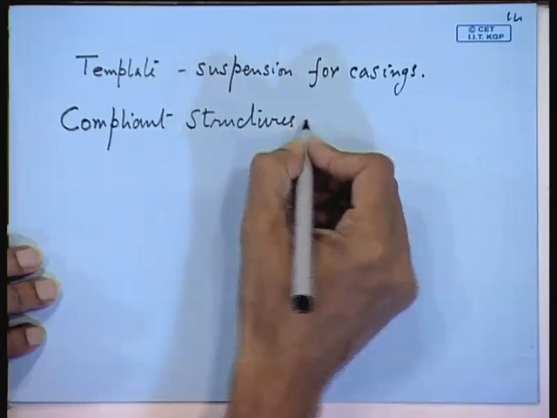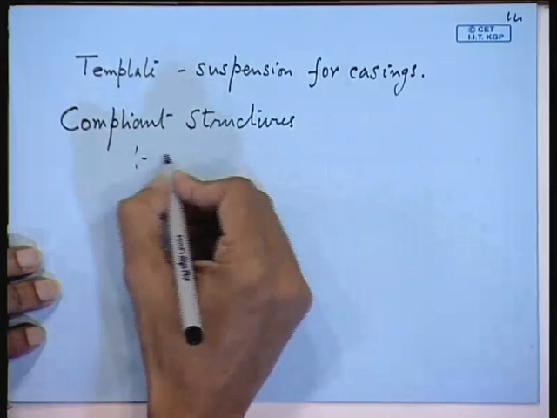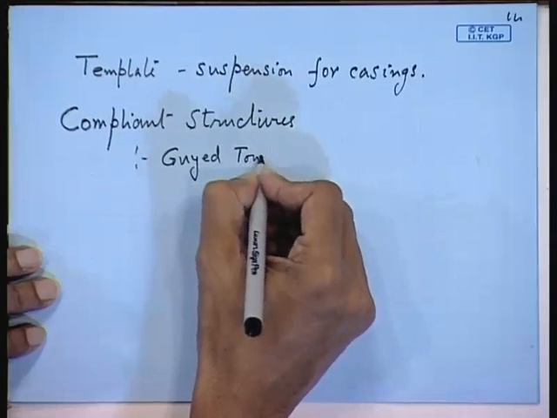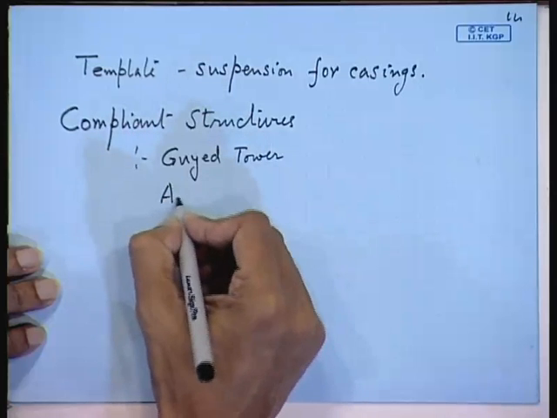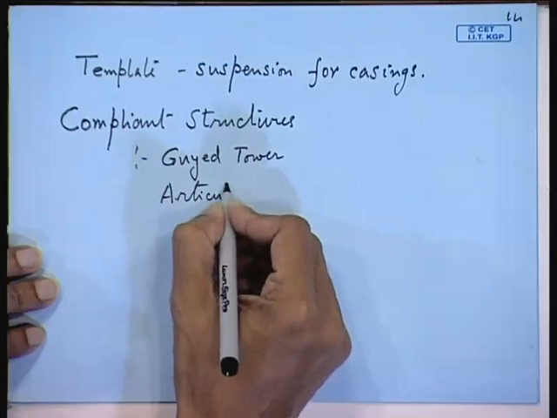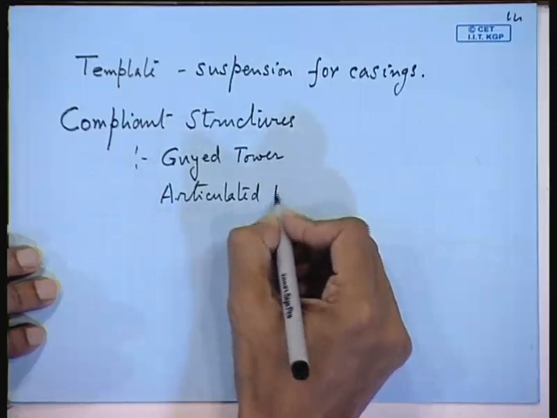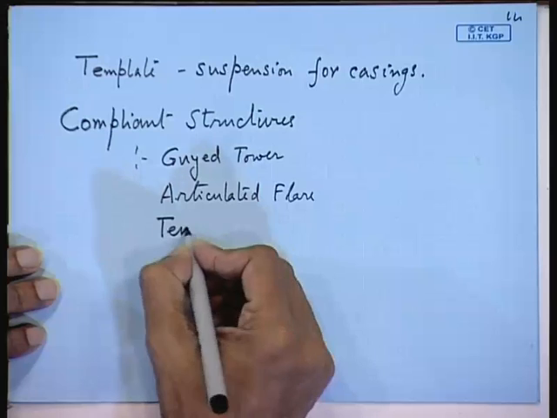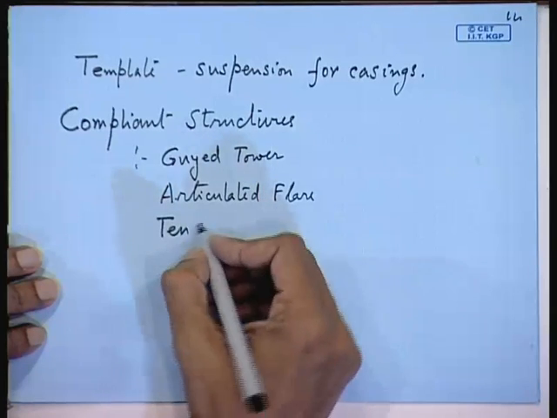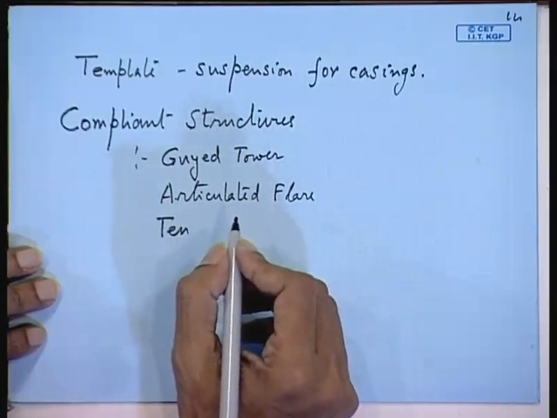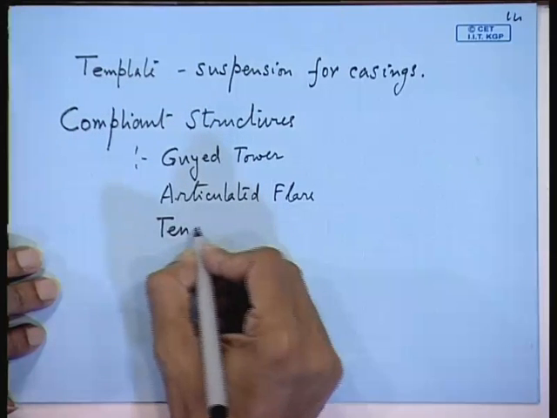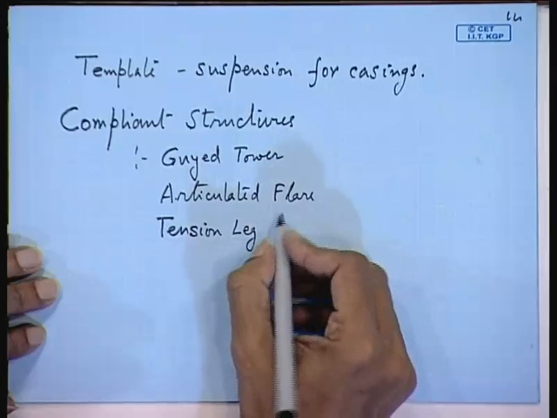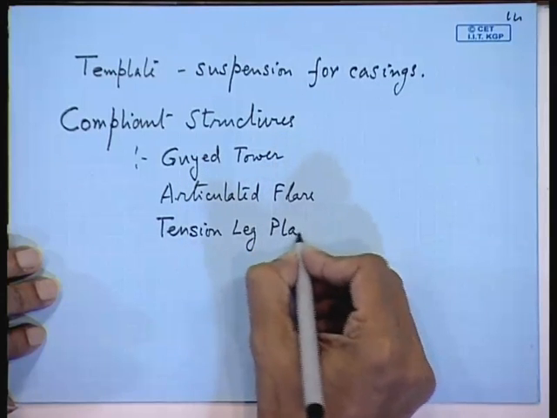So, under this head you come this guide tower, then you have articulated flare, and the last one is the tension leg platform, but do not include semi-submersible under these compliant structures. So, semi-submersible is a fully floating platform. So, these are three types.